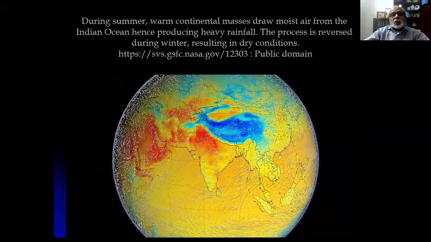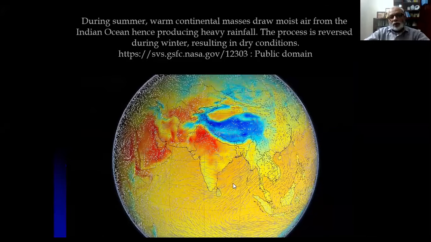Well, this is your Indian Ocean, this summer wind, which flows, and in fact the direction has not changed.